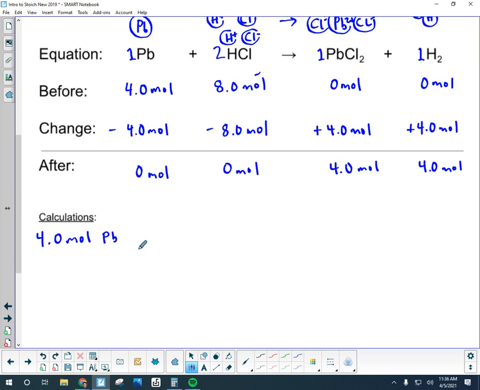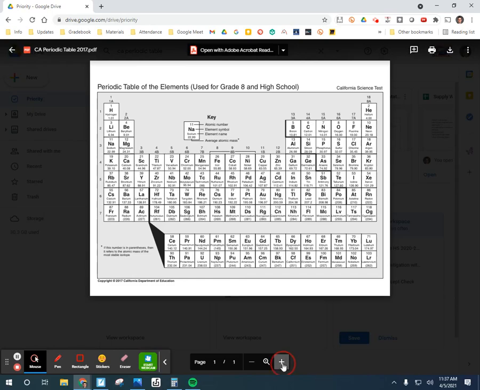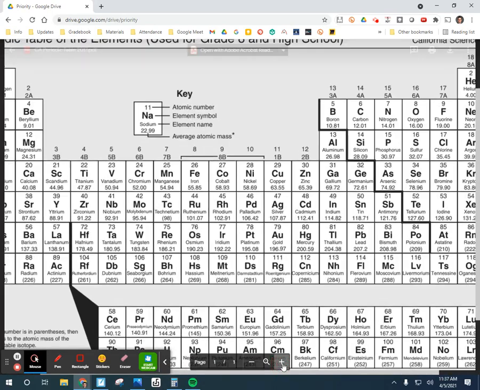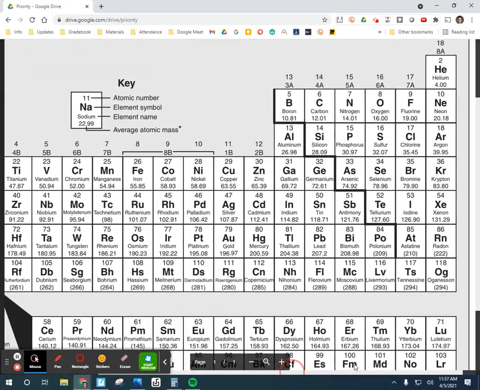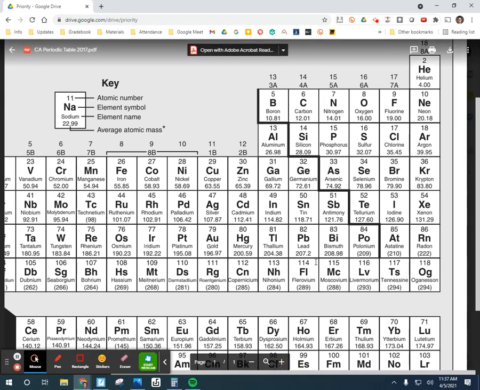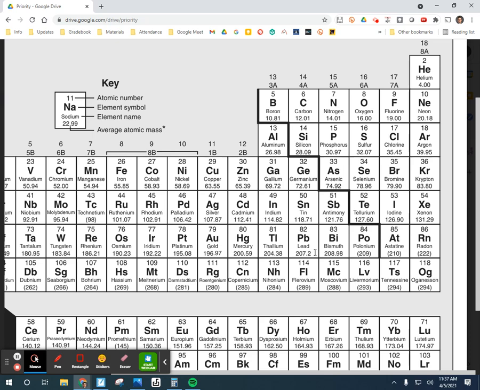So to do that, I've got to go to the periodic table. Let me bring it up here on the screen. So I need to look up lead on the periodic table. Lead is over here, and its molar mass is 207.2. That means grams in 1 mole.